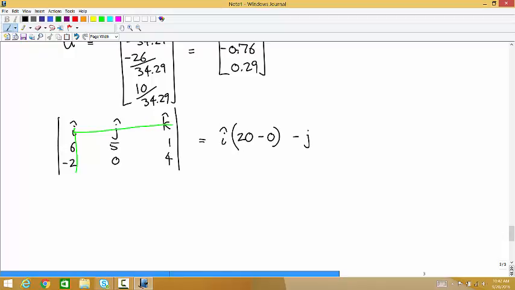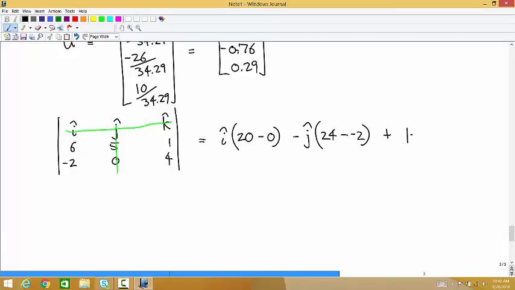And then minus j times, cross this stuff out and take the determinant. 6 times 4 minus negative 2 times 1. So that's 24 minus negative 2.